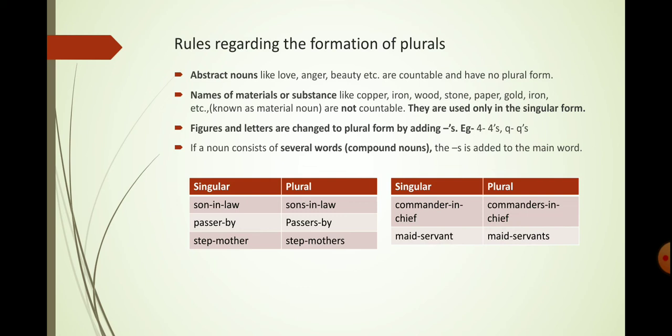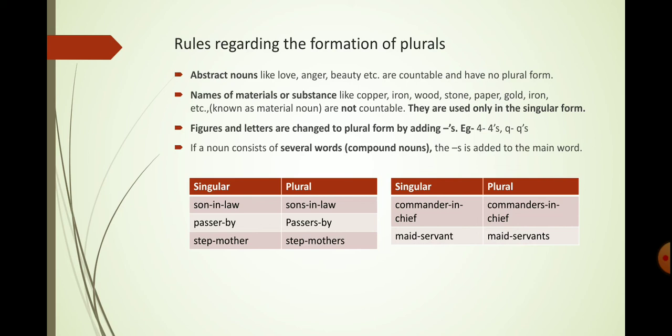Next come names of materials or substances, in short, material nouns. All material nouns are not countable, like copper, iron, wood, stone, paper, gold, and so on. So they are used only in singular form. That means we cannot change them into a plural form; they remain the same.